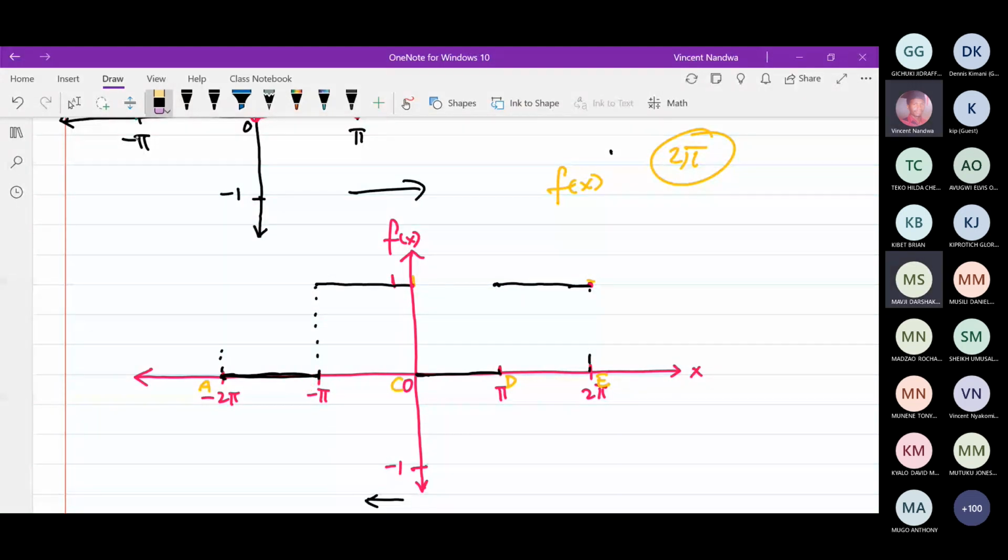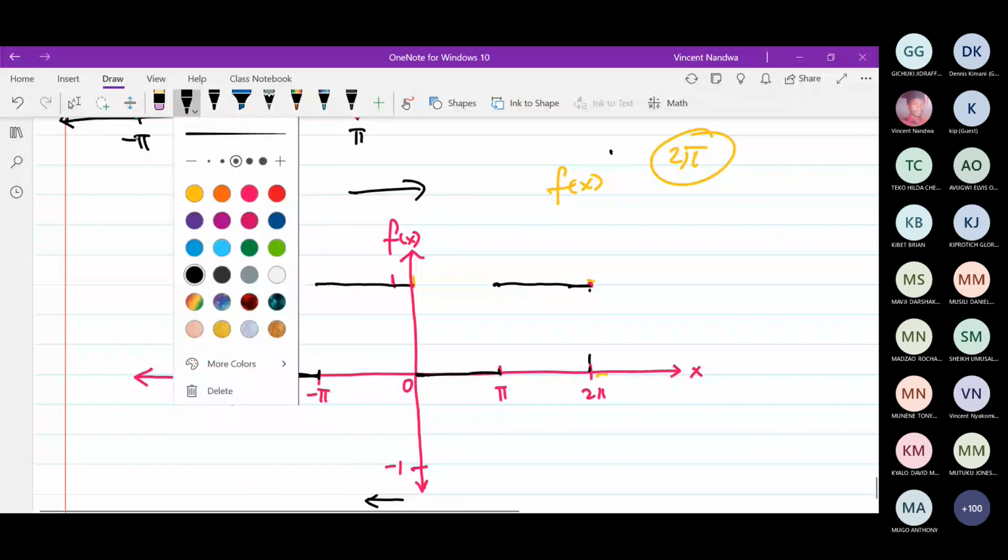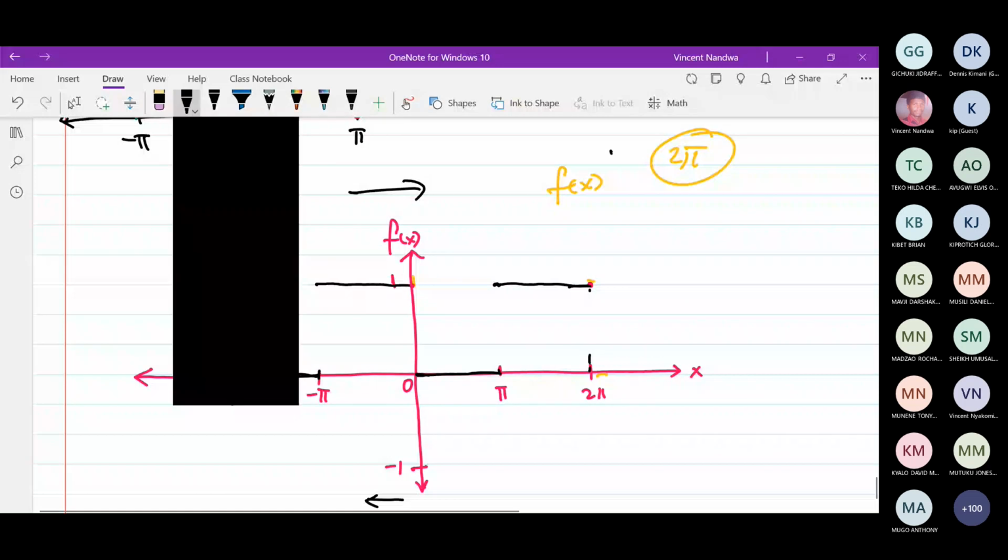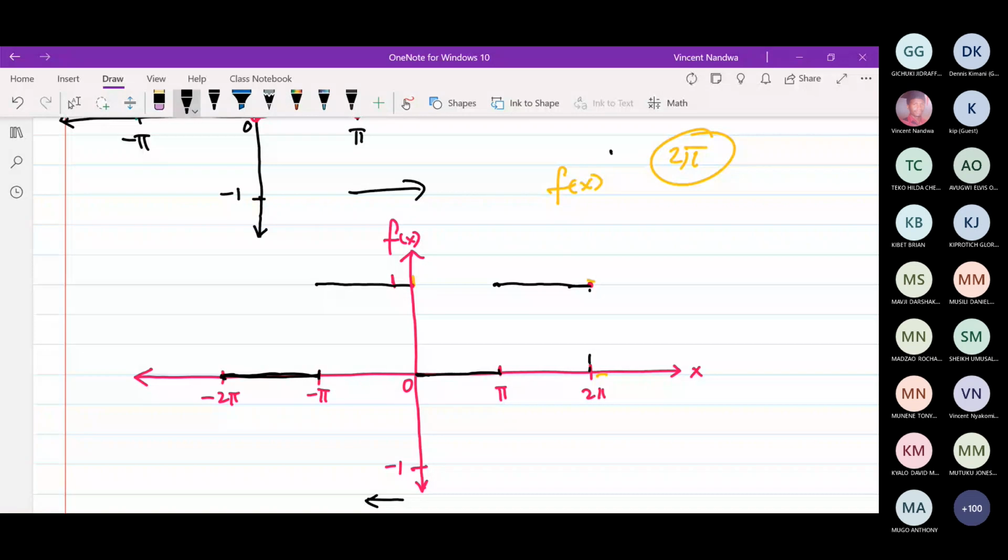Can you now be trusted to draw the graph up to 4 pi? Are you able to complete up to 4 pi and negative 4 pi? Okay. I don't want to draw another graph. I'll use the same graph to extend it to minus 4 pi and 4 pi.